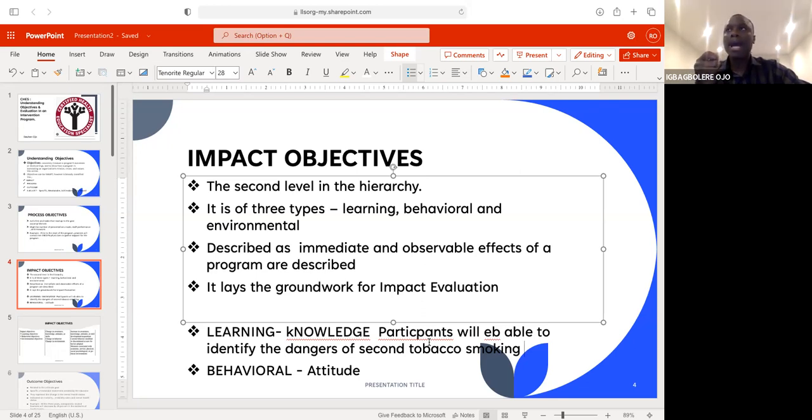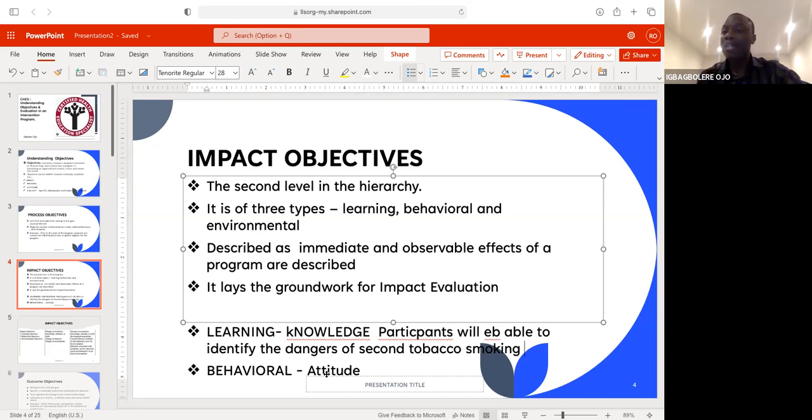Is it by listening? Is it by acting? Or is it by listening and acting? The right answer is always listening and acting, because listening and acting is what propels a behavioral change.